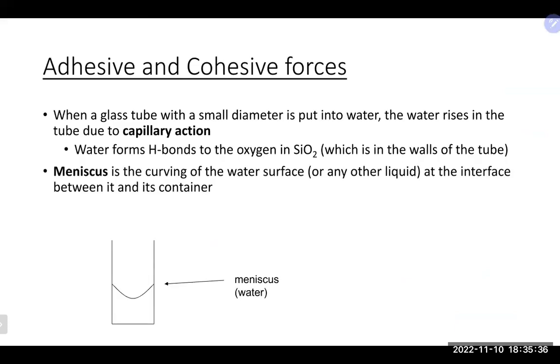So as I mentioned, that adhesive and cohesive forces is really what is responsible for those meniscus that we see. When a glass tube with a small diameter is put into water, the water will rise due to capillary action. Capillary action, right, is basically it's just going to be attracted to the tube. So it'll draw the water up. Maybe you've used it maybe in some experiment somewhere.